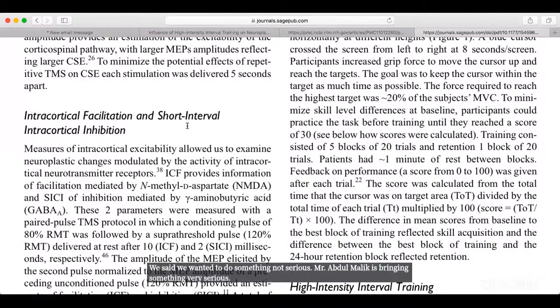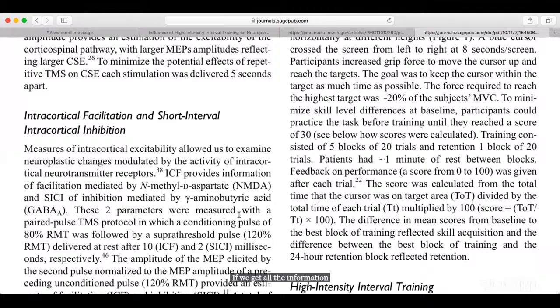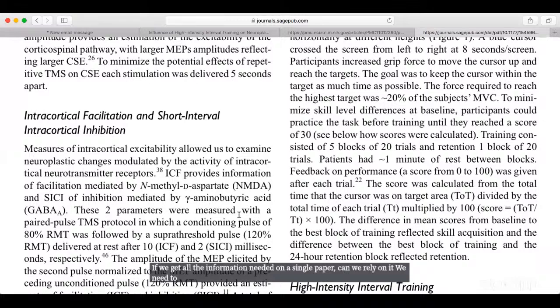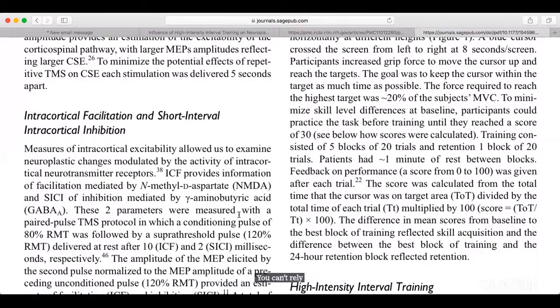If we get all the information needed on a single paper, can we rely on it, or do we need to search more? Well, you can rely on it in as much as it's high quality research. But then searching will continue.